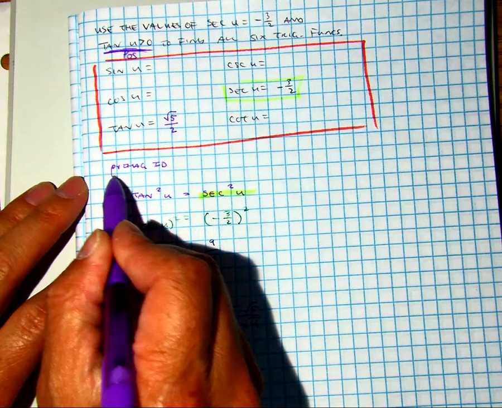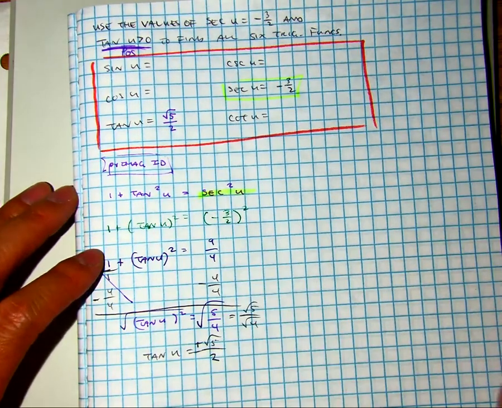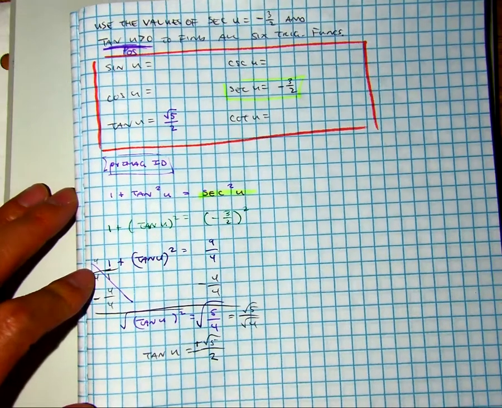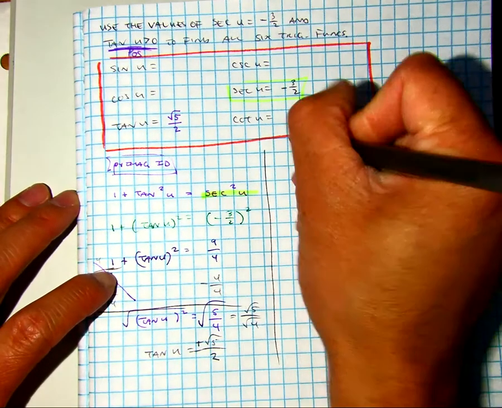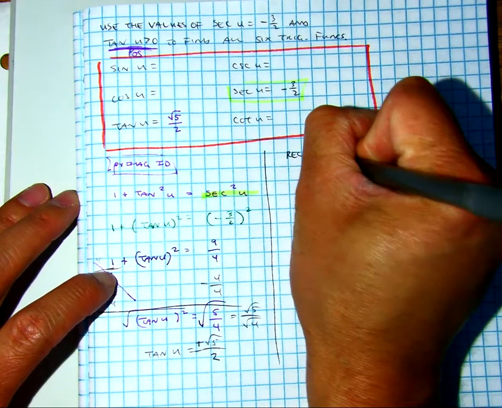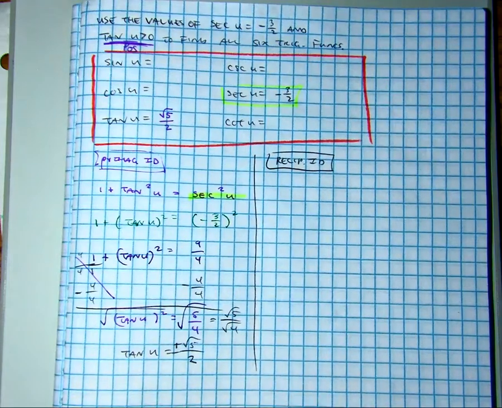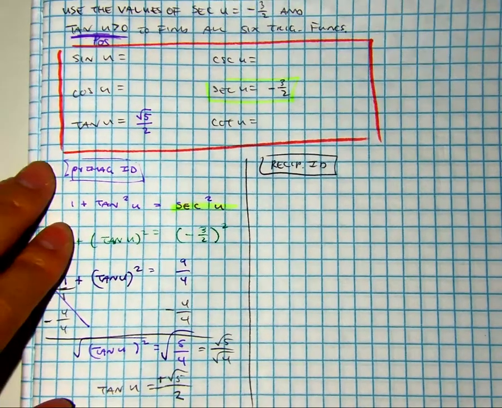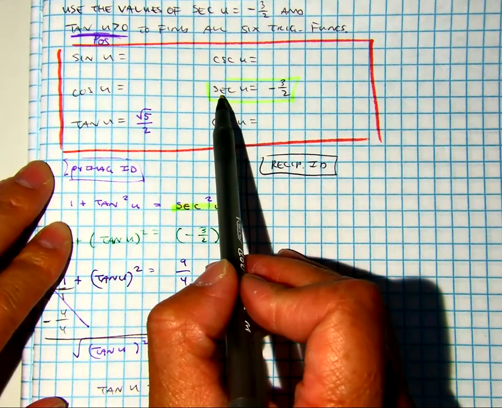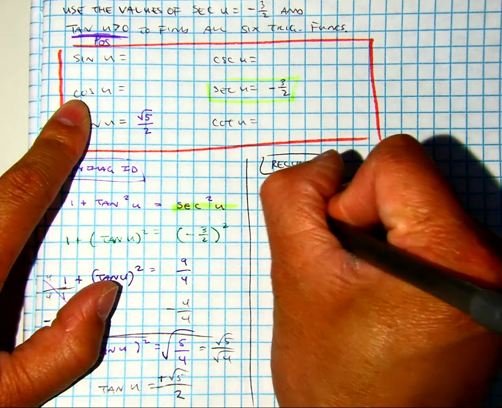Okay, so I used the Pythagorean identity. Is there another identity I can use to find any of the other trig functions? Reciprocal identity. Which reciprocal identity am I going to use? Now think of the link. I want to find cosine, so that's why I'm going to use cosine of u.